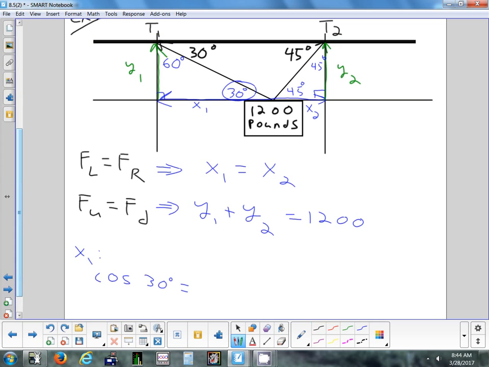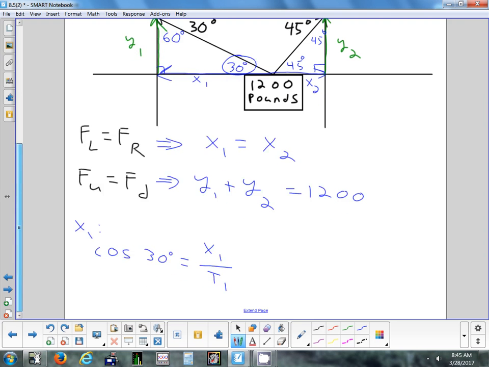Well, what's the definition of cosine? Nope, that's sine. Adjacent over hypotenuse. So what side is adjacent to the 30? x1. And what's the hypotenuse? T1. I labeled it up above. Okay, T1.